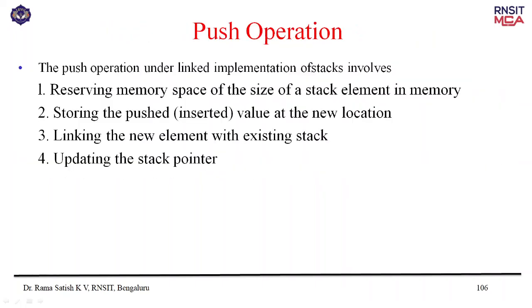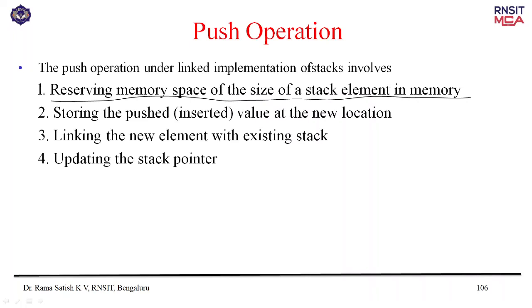As you are aware, we have a push operation, pop operation, and display operation. What do we do in the push operation? First, we reserve the memory space for the element that needs to be pushed.